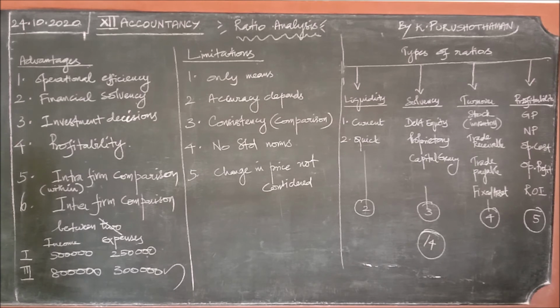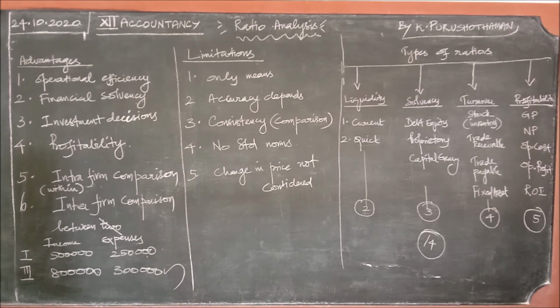Is there any condition? Whenever you want to do it, you can do it. No condition, no standard norms, no standard rules. You should calculate only after some year, some months, some days? All these things are not given. No, we cannot say so. So, no standard norms, therefore it is also a drawback or limitation.